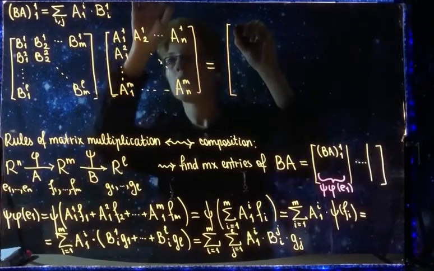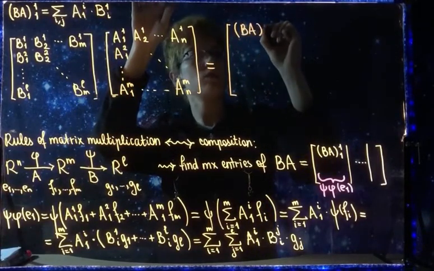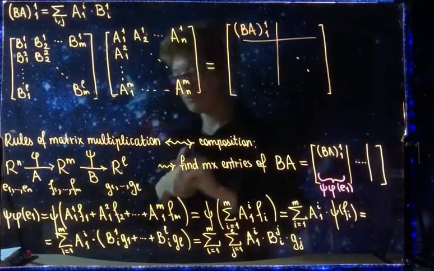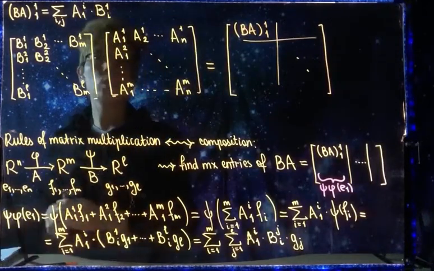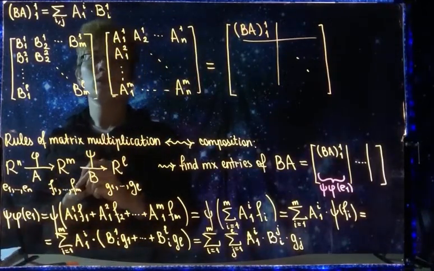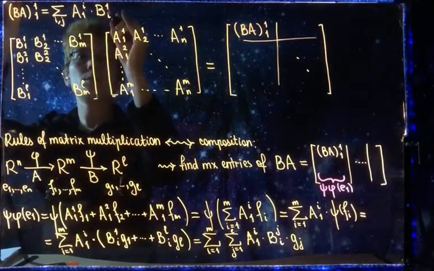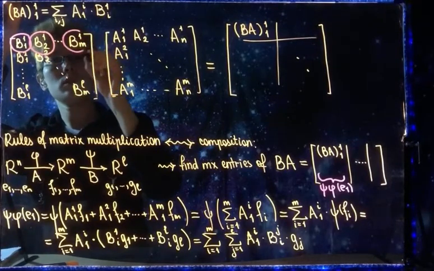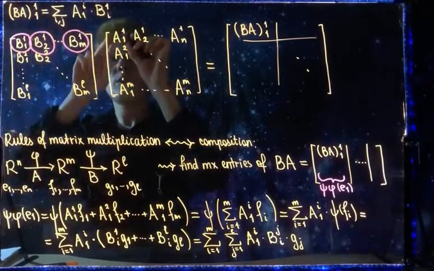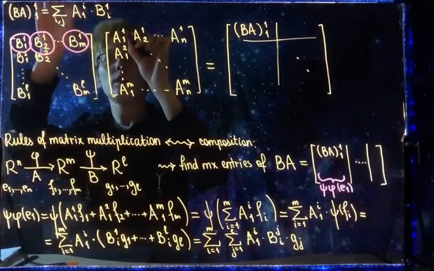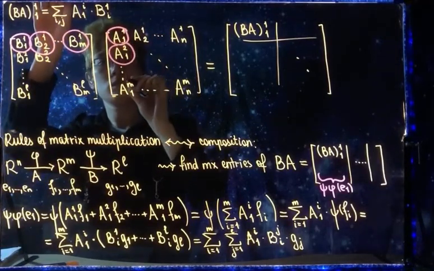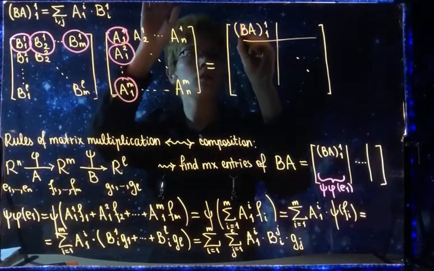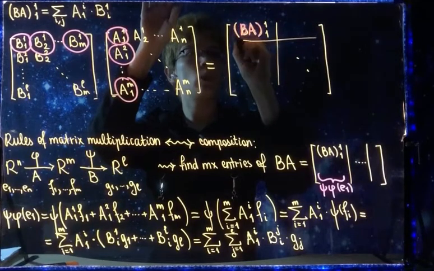Then the product matrix, its first coefficient BA11 will be equal to the sum of B1i, so all of these coefficients, multiplied by Ai1, so all of these, and sum them up to get BA11.